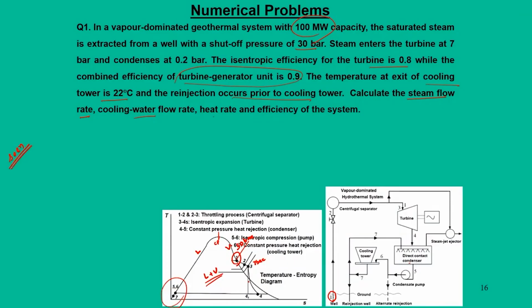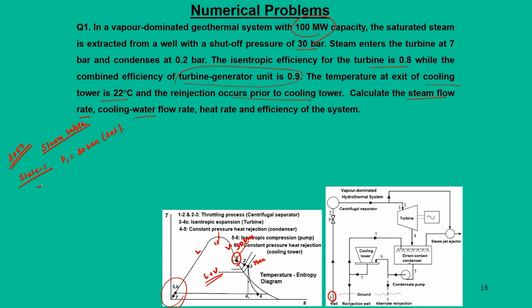So, let us try to understand the problem. For this problem, you have to refer to the steam table. Again, we have to look into the steam table with the given data available to us. So, first let us see what state 1 is. State 1 is at P1, that is 30 bar, and that point 1 is saturated.